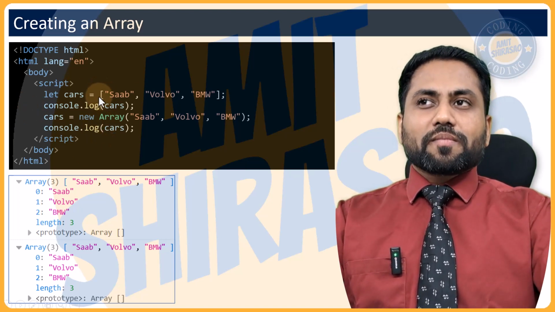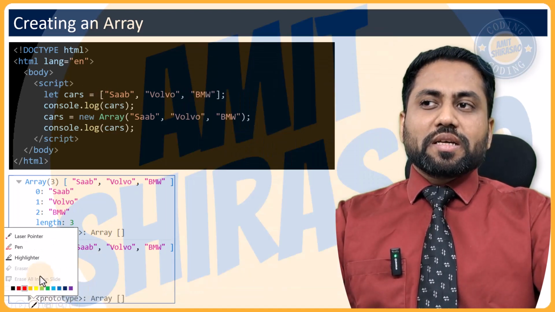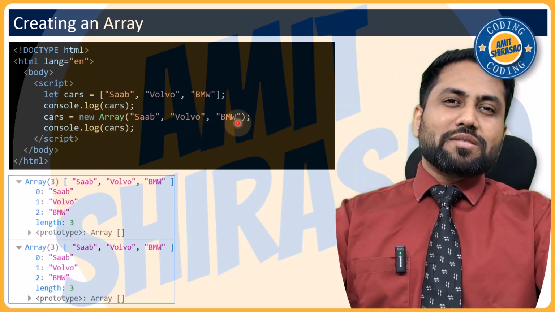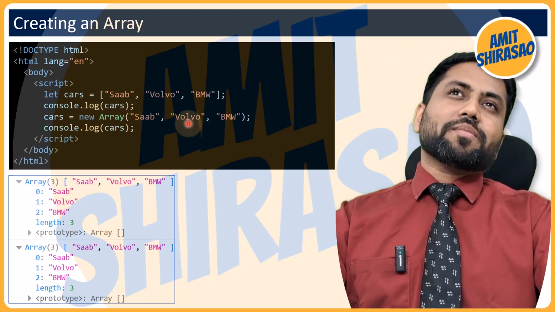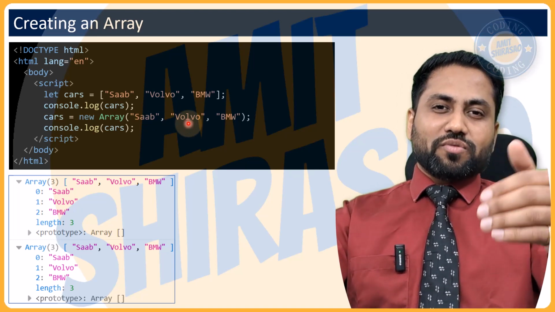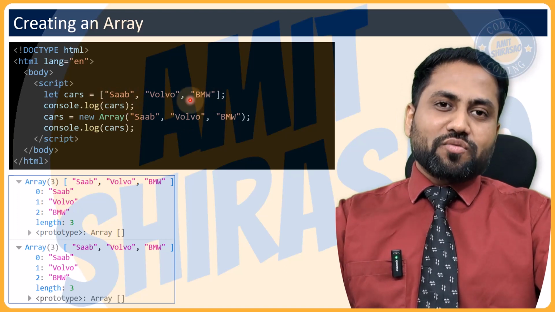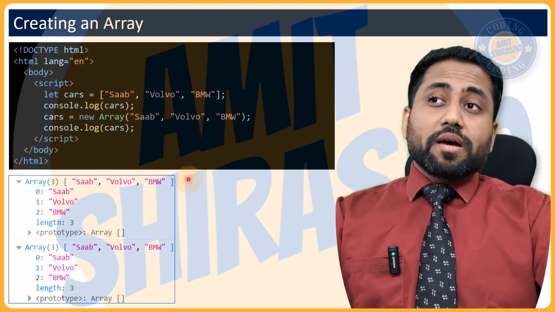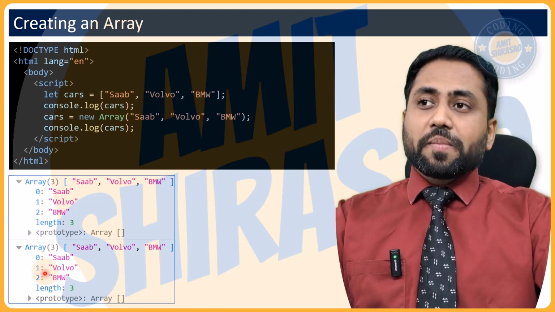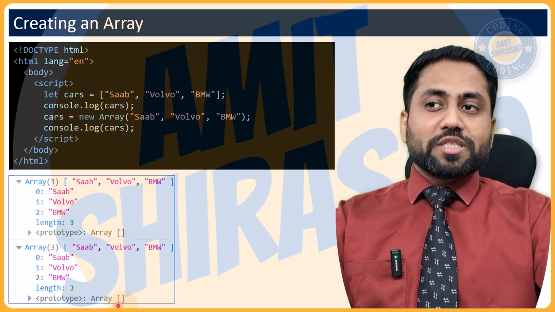But fundamentally JavaScript does not have anything like a class, and that's why I normally think that this is just syntactical sugar, or just to facilitate the programmers of the current age. But otherwise, in fact, if you ask me, this is a more natural way of creating arrays. No matter how you create them, the arrays are created exactly the same. Here, if you see, it is basically an array. This second one is also basically an array.